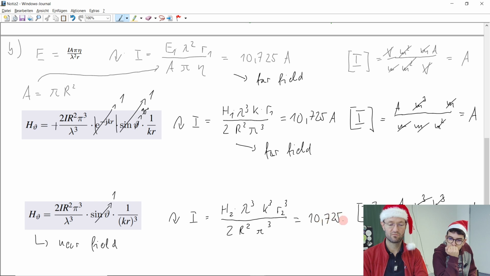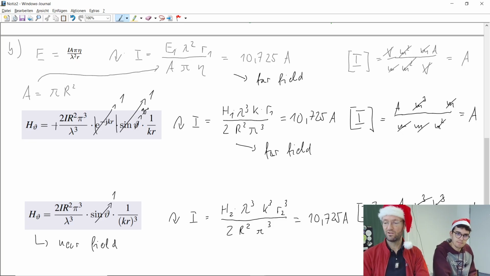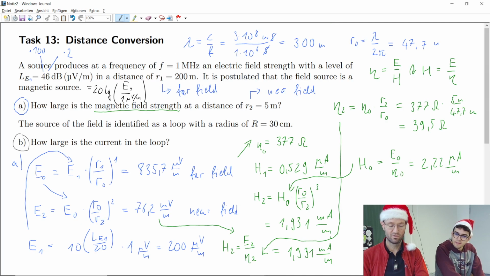So nice check that this really works, because once again, it would be quite a strange coincidence if we have done the very same mistake in these 3 different calculations that we have done here. Okay, so we can say now subtask B is also solved.